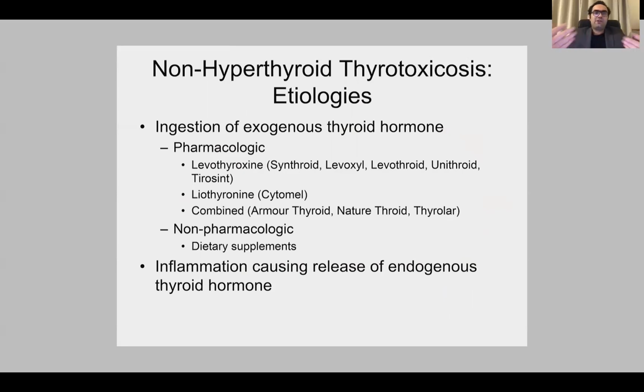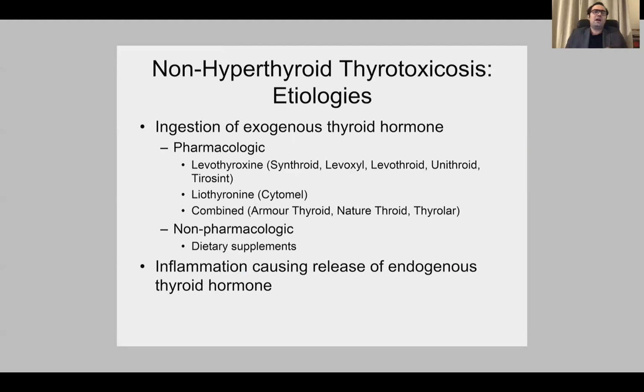The non-hyperthyroid thyrotoxicosis are basically two most important: ingestion of exogenous thyroid hormone in any form, most likely a pharmacological dose of thyroxine, which may be factitiously taken by the patient or taken for the treatment of hypothyroidism. This can result in thyroxine overdose, or it may be called drug-induced thyrotoxicosis.